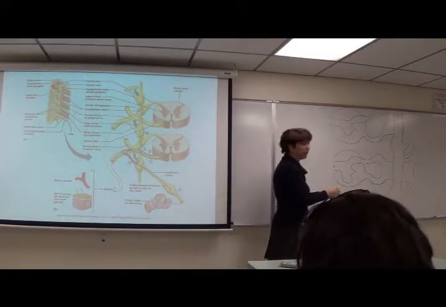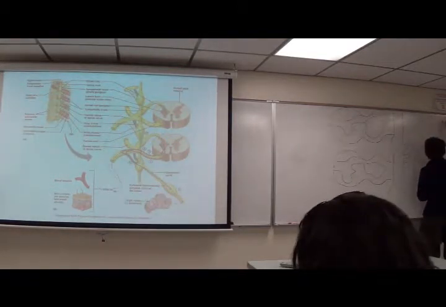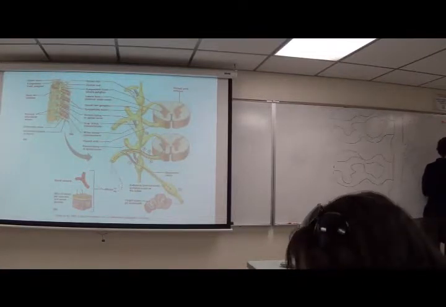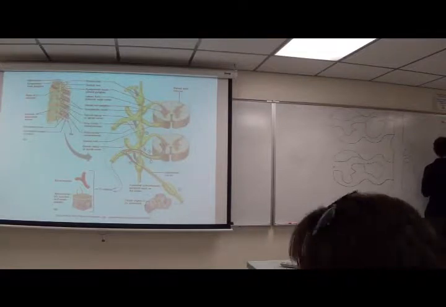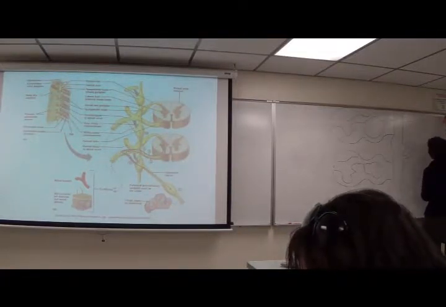So we're going to use red for preganglionic. Try to keep as much writing out of the diagram as possible. And green for postganglionic. So these are all sympathetic.